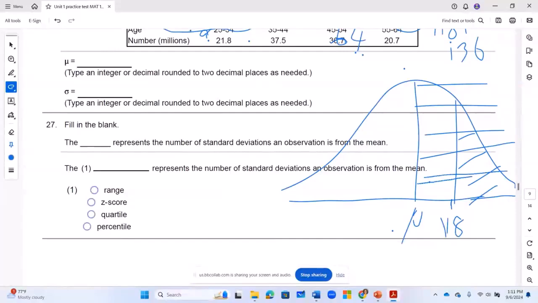Since this is 1/2 of my 68%, 1/2 of 68% is 34%. So this is 34%. So what I'm going to do is 50 minus 34.